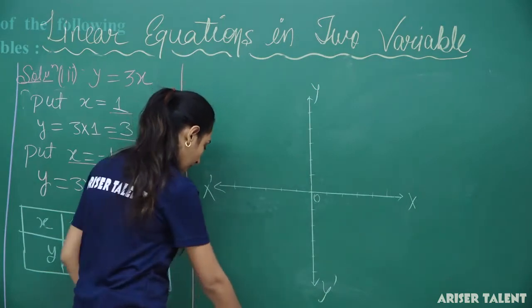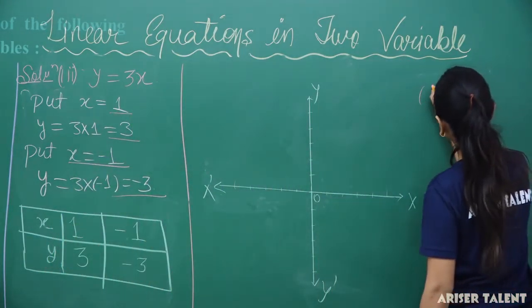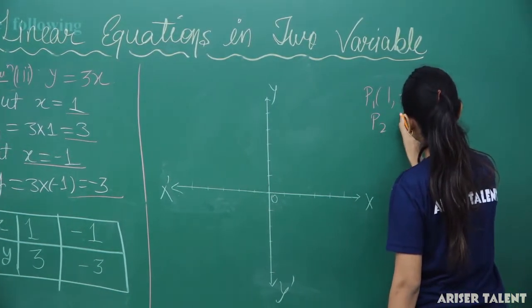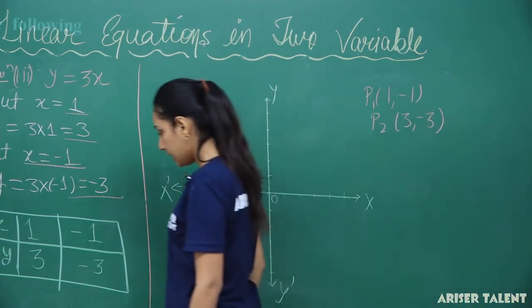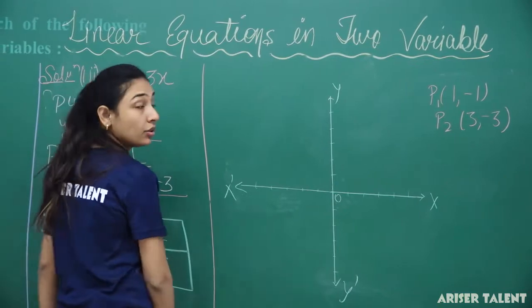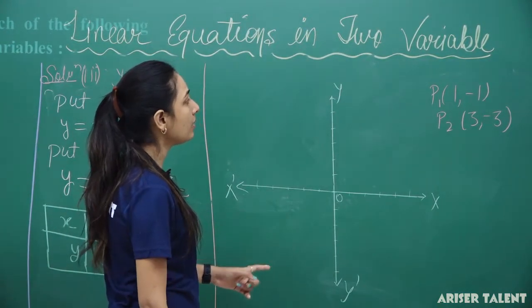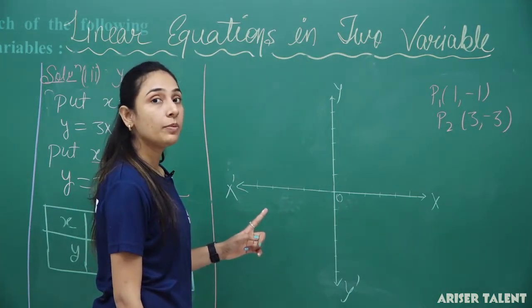Now I will be having the points. What are the points? 1, minus 1 and 3, minus 3. So 1, minus 1 is P1, let's suppose, and P2 is 3, minus 3. Here we are having points not on the axis but somewhere else. So I am getting this P1 equals to 1, minus 1. So 1 is the abscissa, which will be on the x axis.